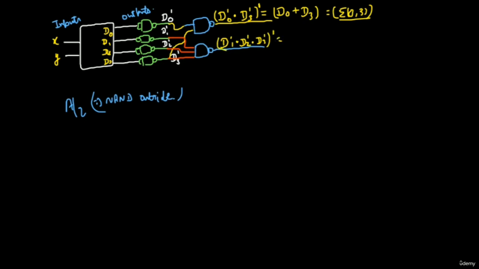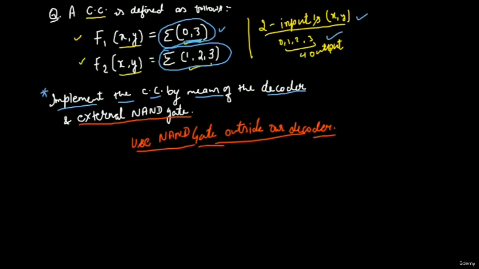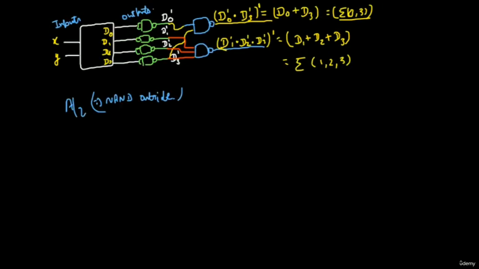And as per De Morgan's law, we can convert it into D1 plus D2 plus D3. And this is our second function, which was speaking about the 1, 2, and 3 thing that we have seen right here. Okay, I hope you have got the idea of implementing. So this is for the function 1 and this is for the function 2.